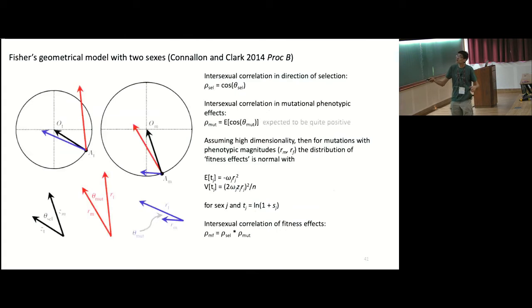Sorry, the blue arrow represents just a different mutation. So the red arrow is one mutation that works like this. A blue mutation affects females this way and males that way.